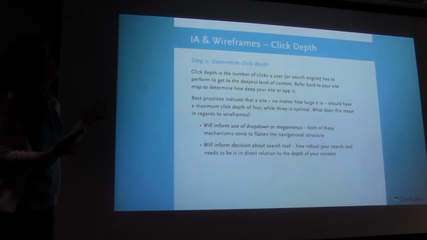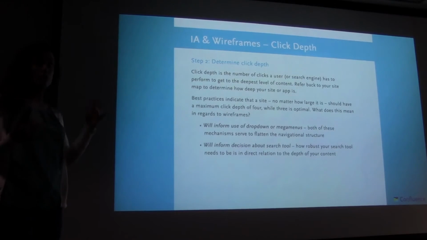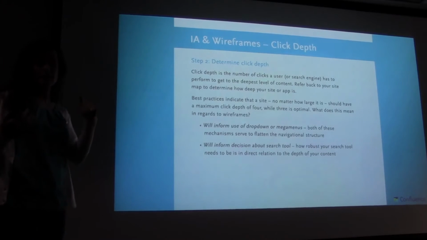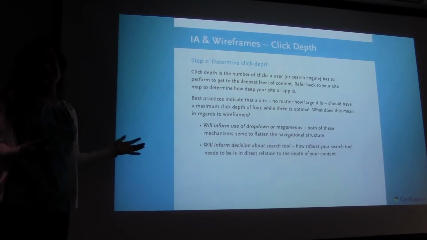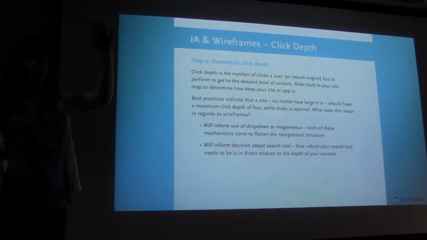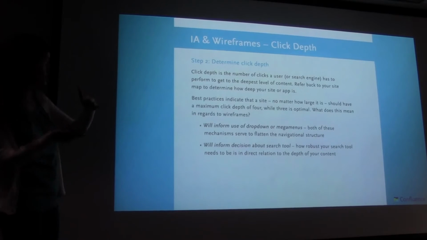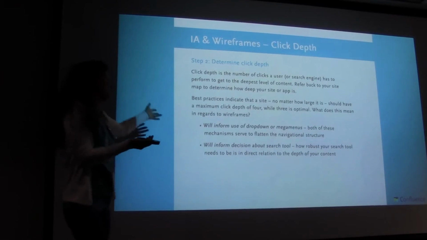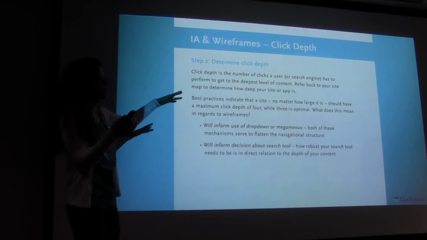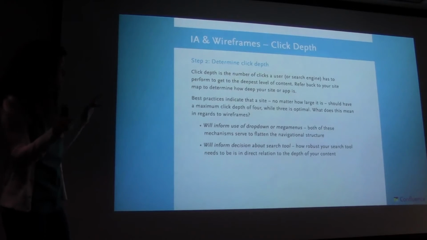There's a variety of constructs that will allow users to have to click less to get to content, but you can't decide what you need until you see what the click depth is. So your goal is to reduce it to a maximum of 4, while 3 is optimal. I would really say 2 is optimal.